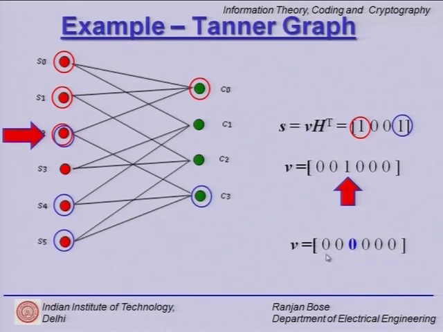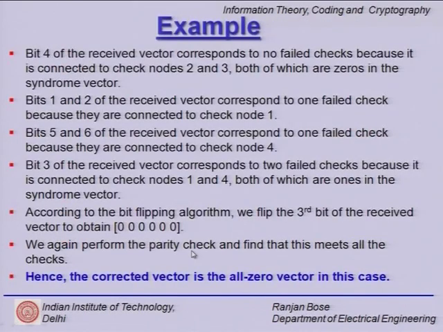Having flipped this, I again perform this nu prime H transpose, but this time I will get a 0 0 0 0 vector. So, the syndrome will be 0. So, this bit flipping has led me to a correctly decoded vector nu, which is the all 0 vector that was sent. So, this is a simple example that tells me how a bit flipping algorithm works, and this is exactly what is written in this slide.